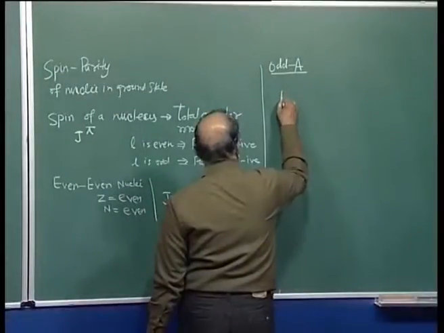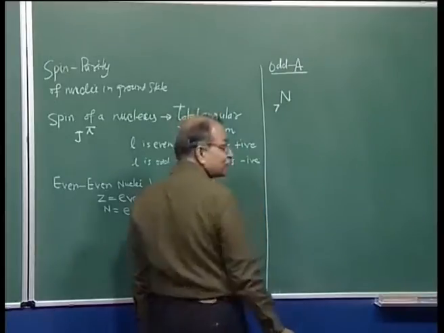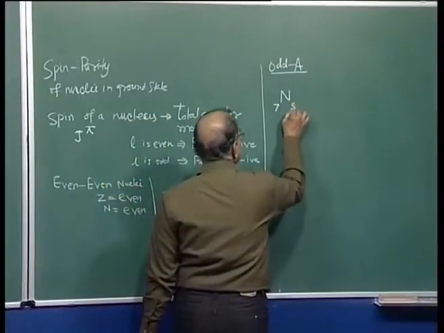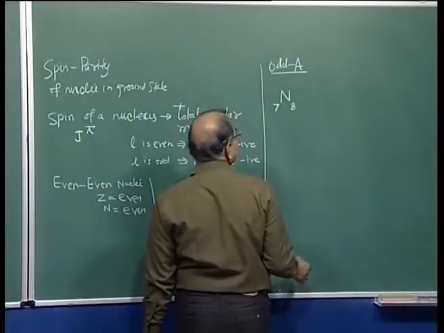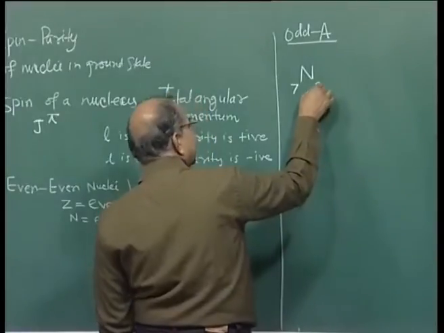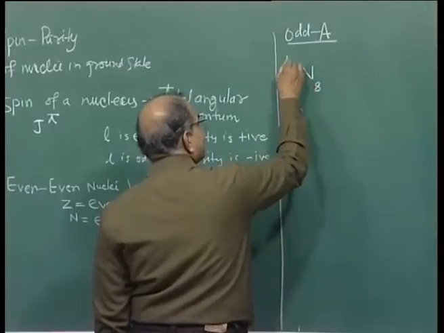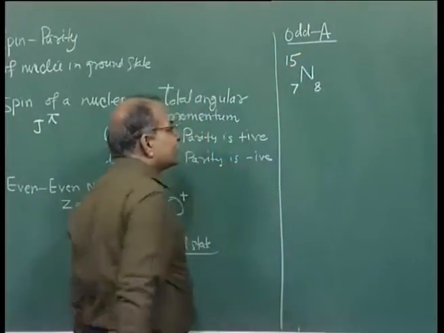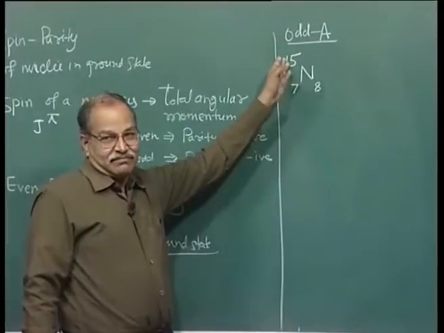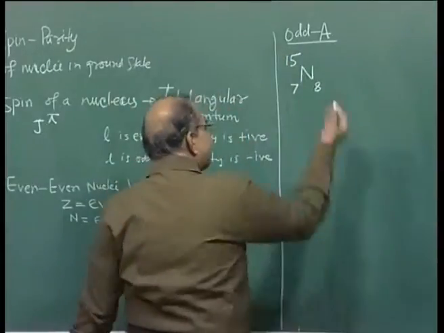Nitrogen, odd A, okay, 7, you have to give 7 here, and then you can give 8 here, or you can give 6, or 8, or 10, 15. This will be an odd A nucleus. Is it stable? I do not remember, but let us work on it.